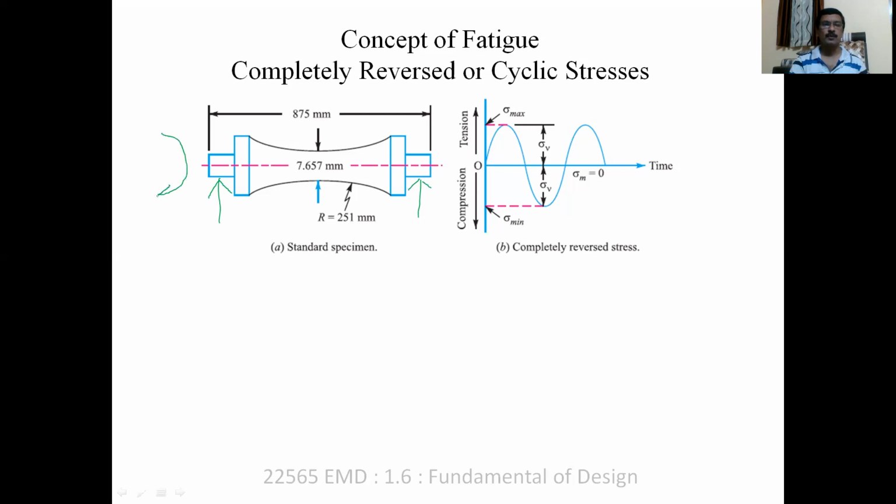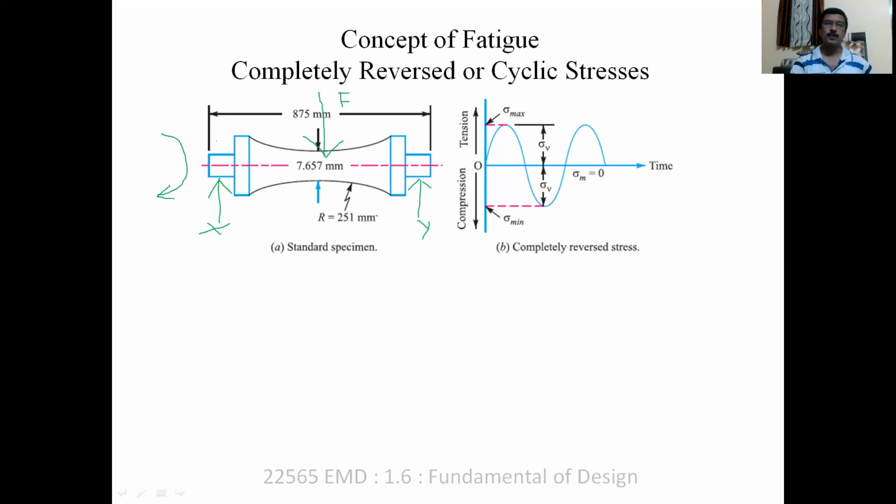Rotating member means that the material is connected to some motor or something like that. Now here, at the center point there is a force F. At particular X point or Y point, you will find some reactions.